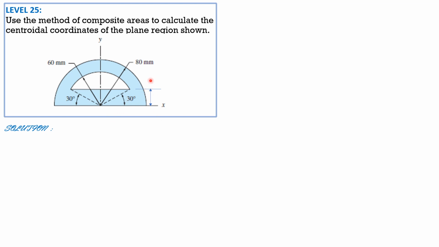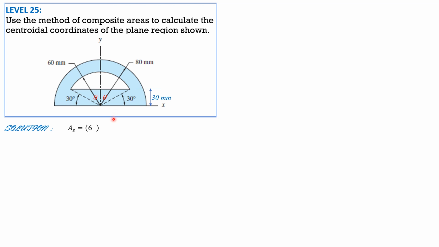So this distance is, because the radius of this arc is 60 mm, this is 60 mm, and the angle is 30, so 60 times sine 30 is 30 mm. The calculation is not shown, but I mentioned it. You just use your calculator. So call this theta, which is 60 degrees. That's also theta, 60 degrees or pi over 3 radians.